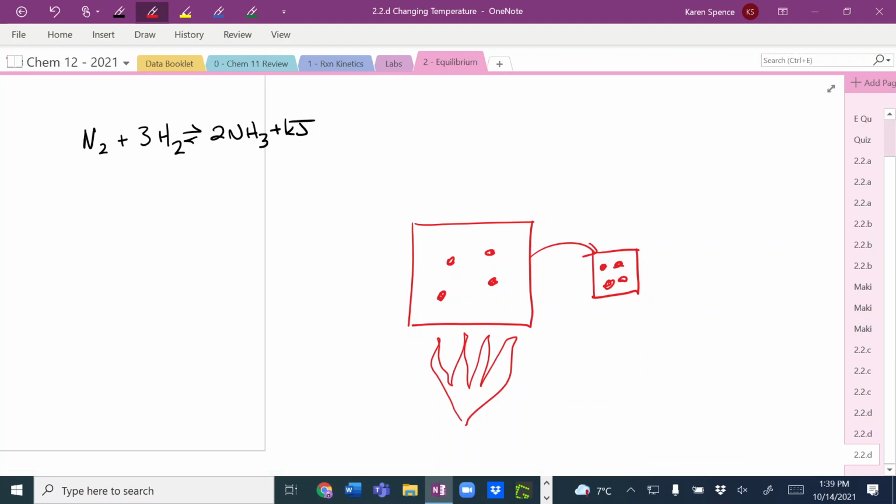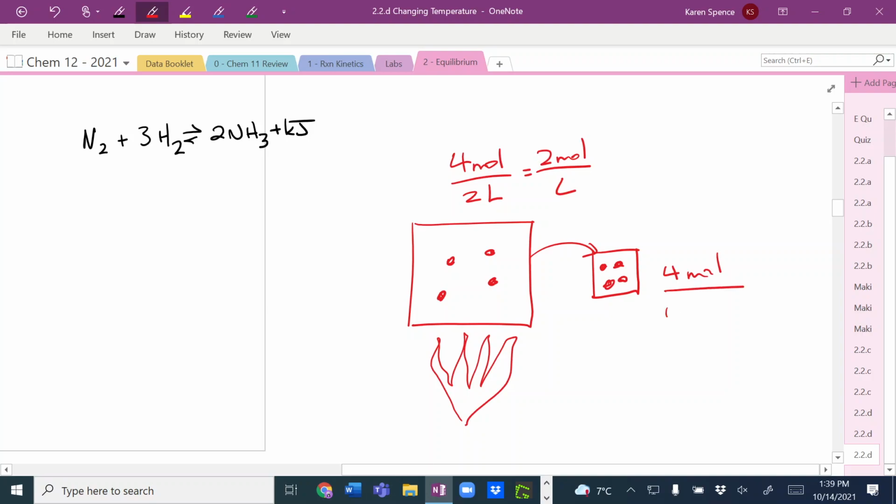It is moles per liter. So if this is 4 moles per 2 liters, which is 2 moles per liter, and then this is 4 moles per, what, half a liter, that's going to be 8 moles per liter. So a pressure change will change all the concentrations at once.